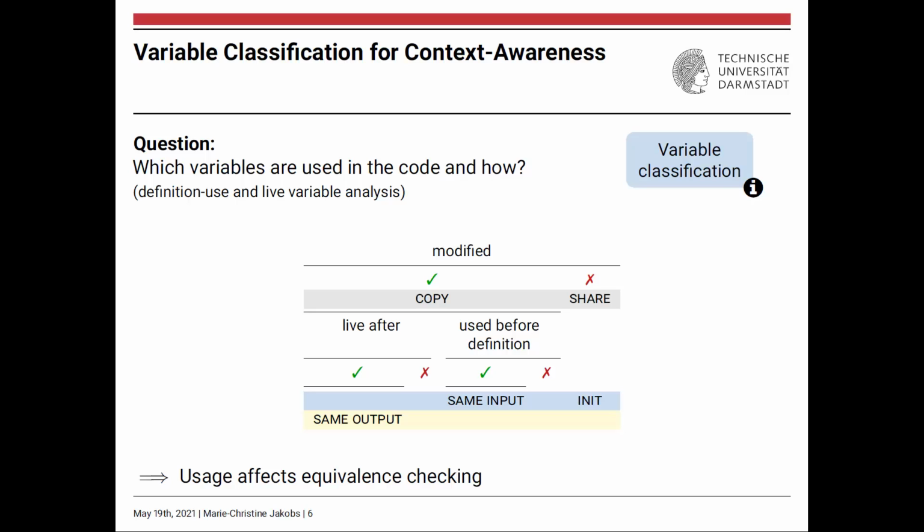But since we're copying them, we do not only need to initialize them with an arbitrary value, but we also need to ensure that the copy and the original variable get the same input value. Finally, we need to check that modified variables that affect the output, so that are live afterwards, have identical values. If a variable is not live afterwards, it's more like a temporary variable, and then it has no effect on the output, so we don't need to check equivalence there.